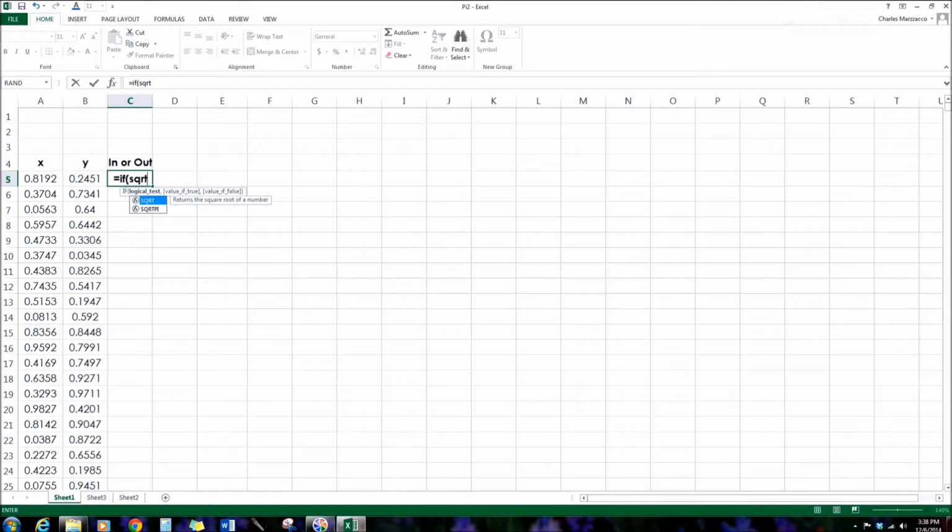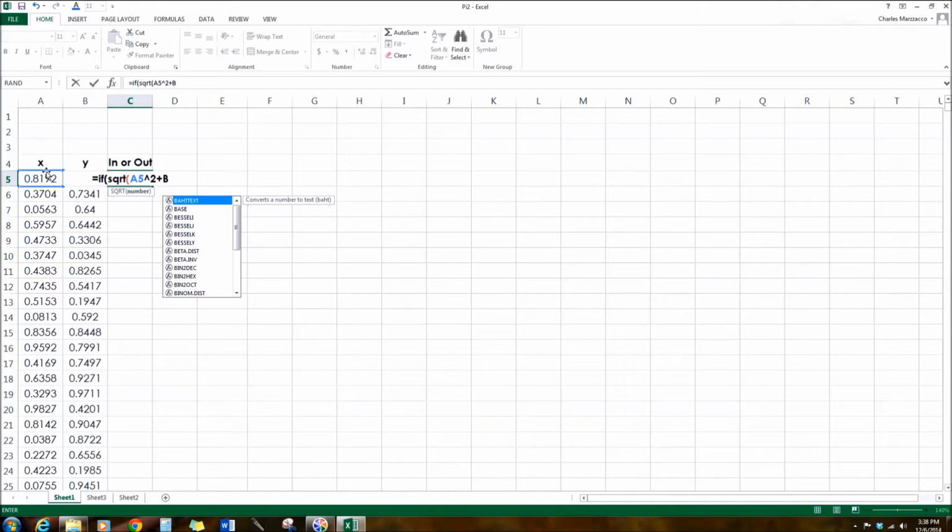X to the second power, plus B5 to the second power, and close parentheses. And then it's less than or equal to 1.